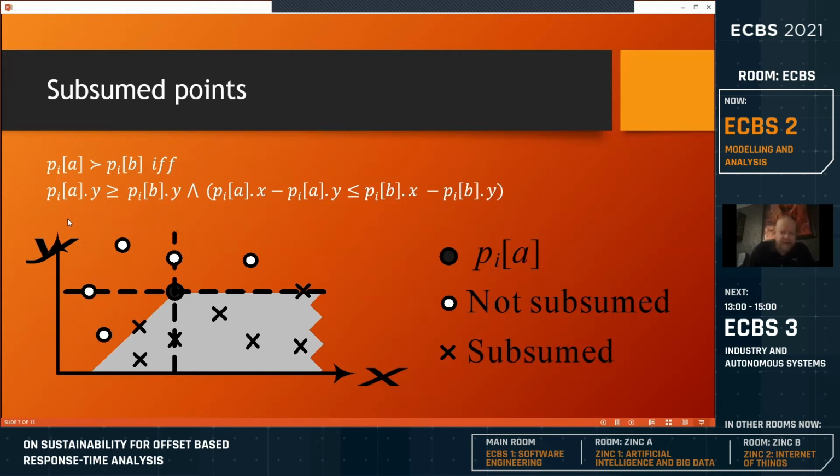It's basically saying that it has to lie under this line. That's the first part. And it has to lie to the right of this slant.